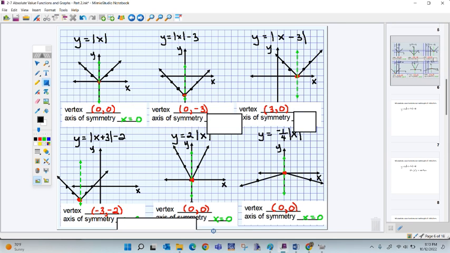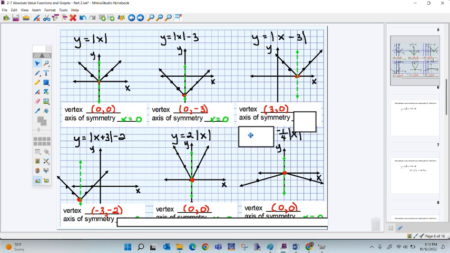I know you can see them all. There we go. On this one, the x coordinate is 0 and the vertical line goes through 0. So my axis of symmetry is where x equals 0. It has to have the x equals because the symmetry axis is the entire line. This axis of symmetry is where x equals 3.